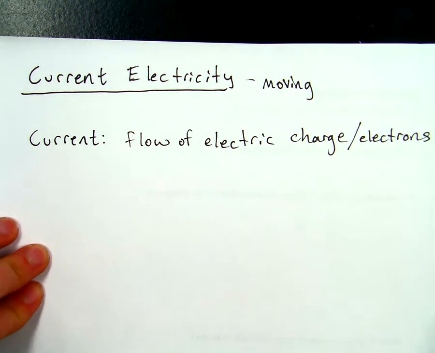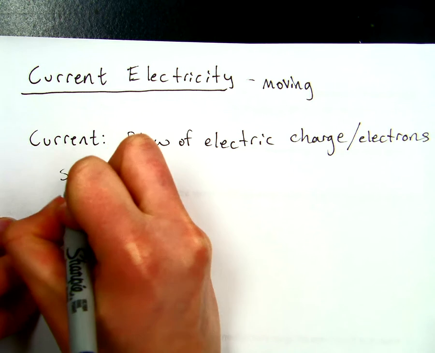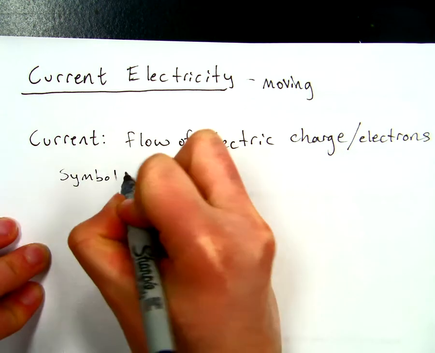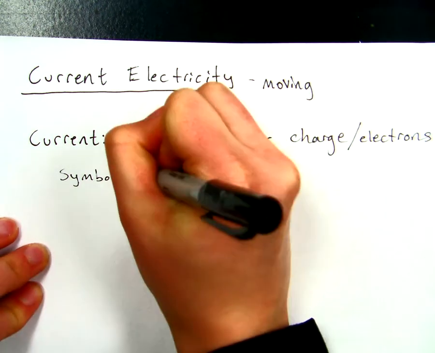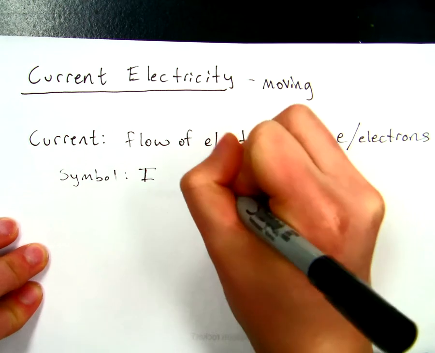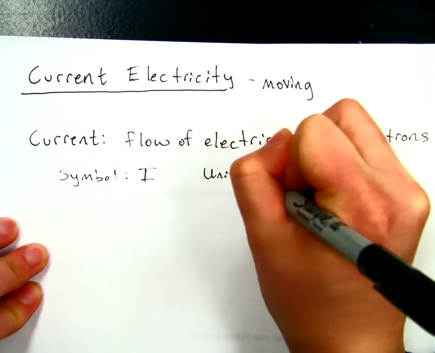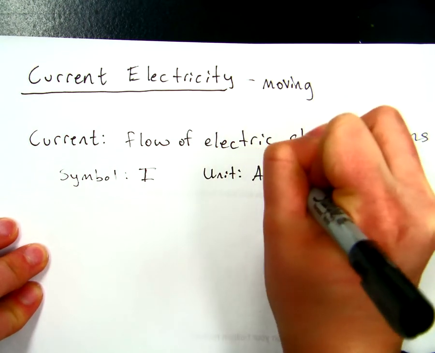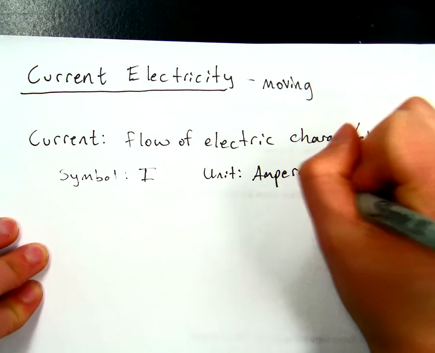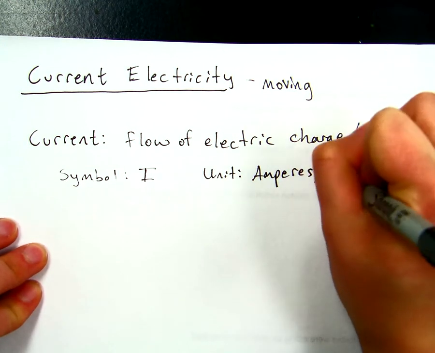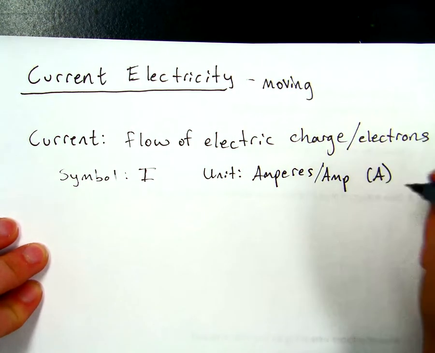The symbol that we use for current is I. And the unit is an ampere. That is a French word named after Mr. Ampere. More often we'll just call it an amp and abbreviated as an A.